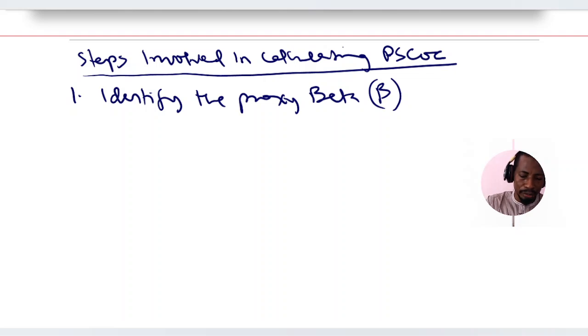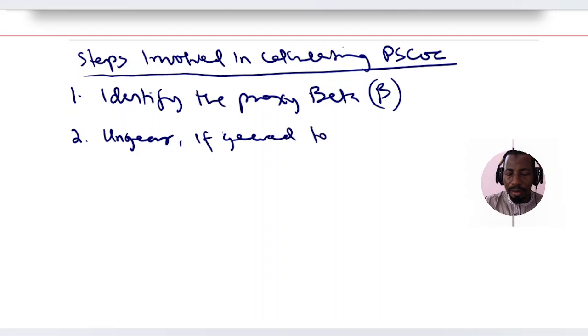Then step 2, now that you have identified the proxy beta, the next step you are going to do is to ungear the beta. You ungear the beta in order to remove financial risk. First thing first, ungear the beta if geared, to remove financial risk.